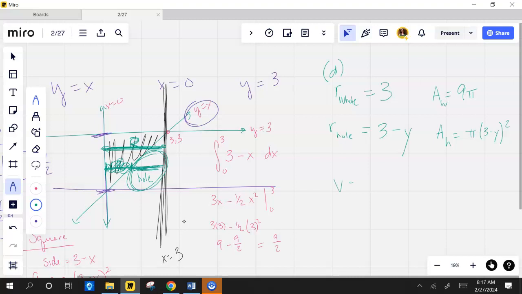So the volume is going to go, and I'm going to use my y's from 0 to 3. They both have a pi. I'm just going to put this outside, and I'm going to do the whole minus whole. Makes sense?